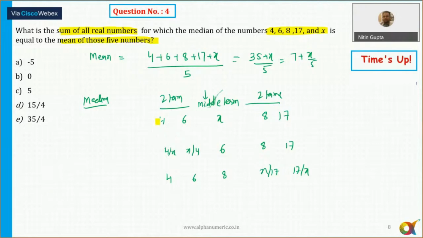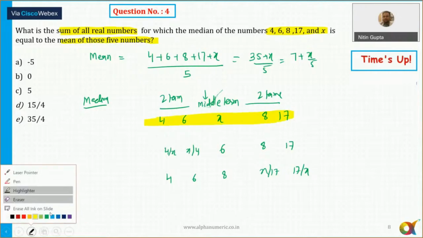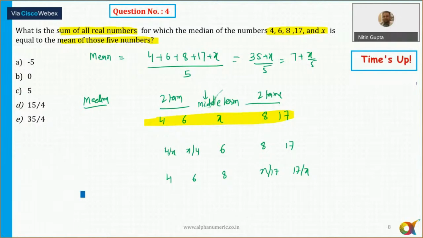In the first case, the middle term is equal to x, which means the median is equal to x. Since the median and mean are equal, x equals 7 plus x by 5.